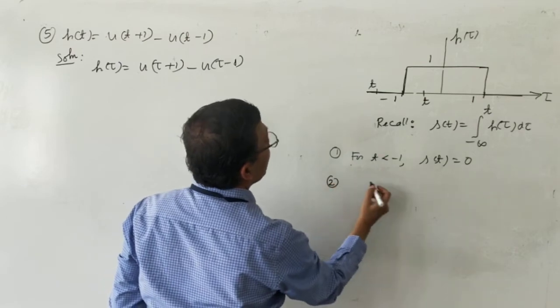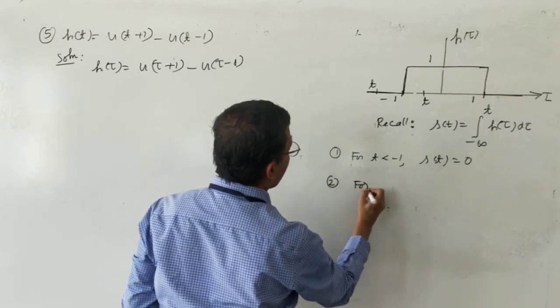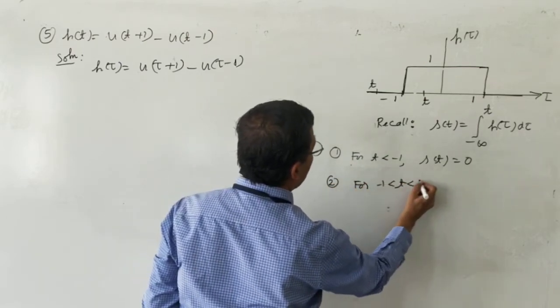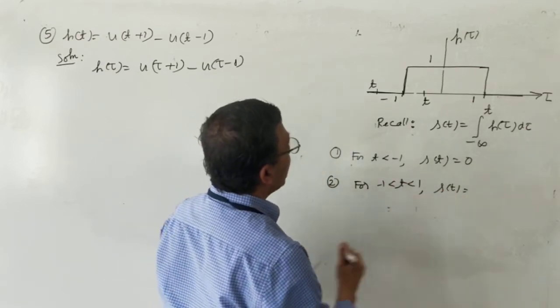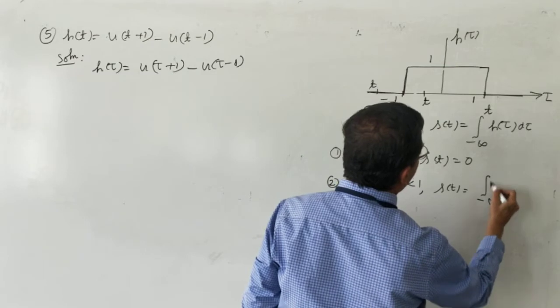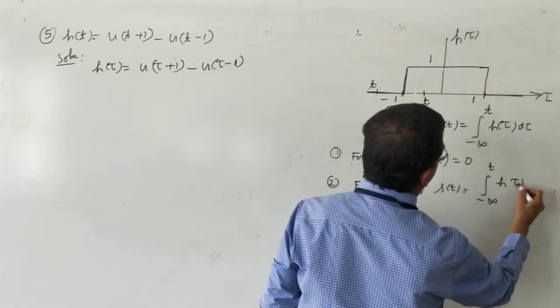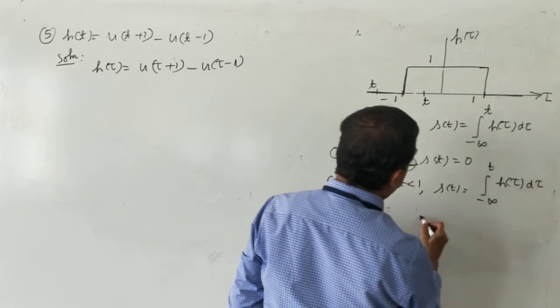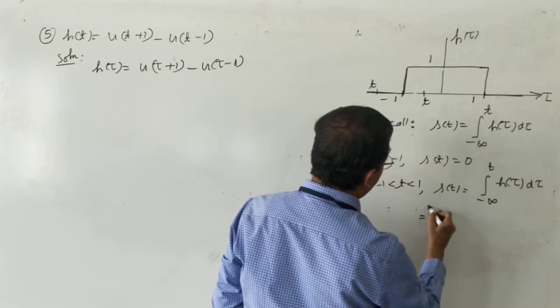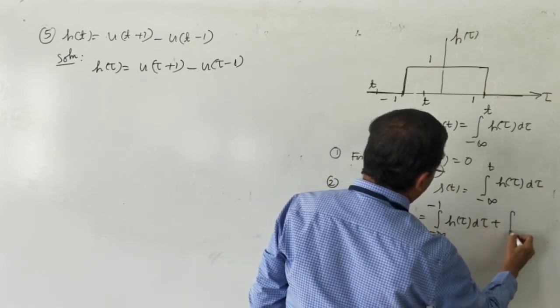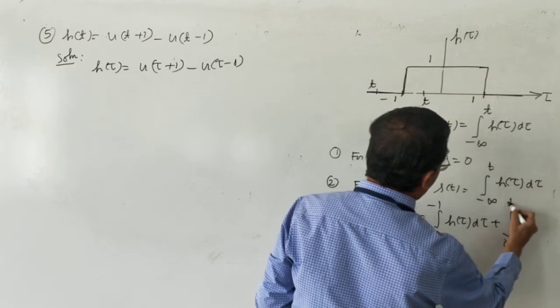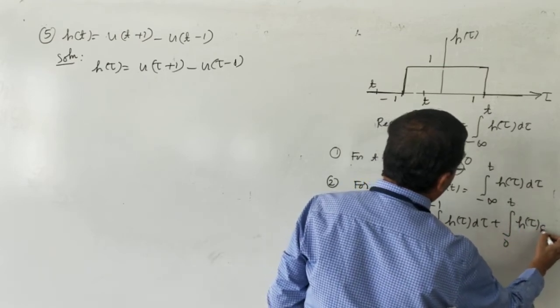Next I will take t here. Second one, t between minus 1 and plus 1. That means we have to integrate now from minus infinity to t of h of tau d tau. This I can write as integration from minus infinity to minus 1 of h of tau d tau, plus integration from minus 1 to t of h of tau d tau.